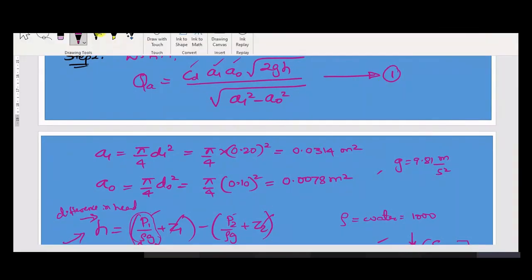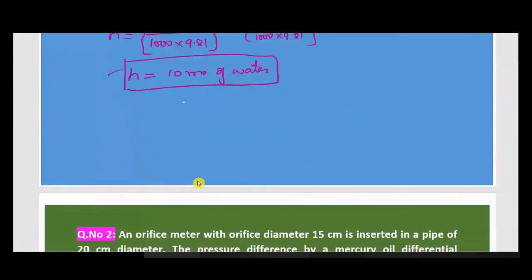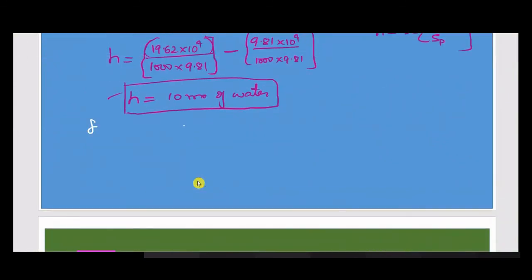Now from equation number 1, we will write the values. From equation 1, Q actual is equal to, substitute all the values. CD is 0.6, A1 is 0.0078, A0 is 0.0314.